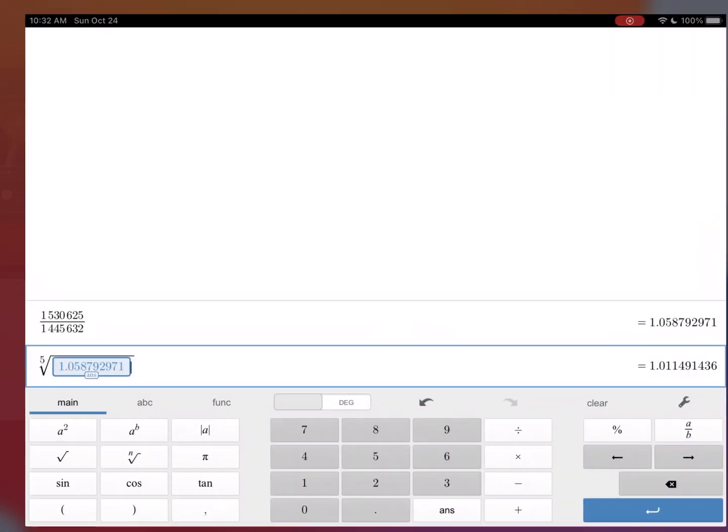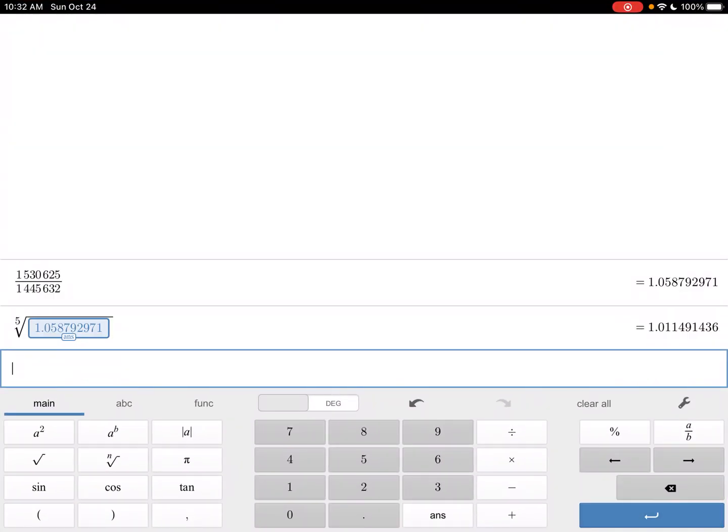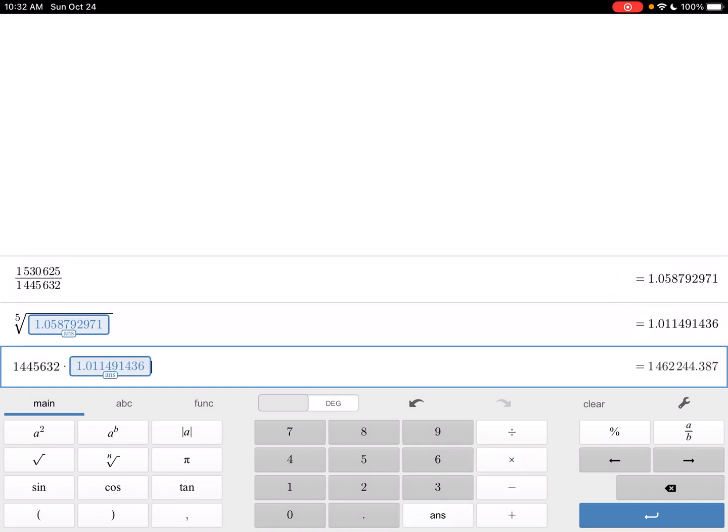So let's use our calculator for that. I'm going to take 1,445,632 times 1.011. That is my answer on my calculator.